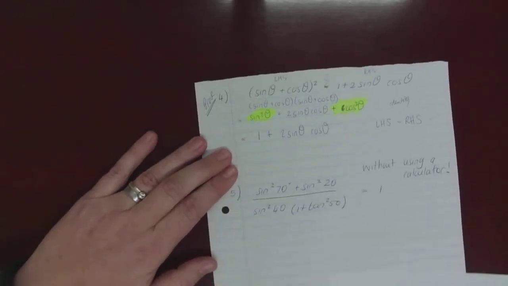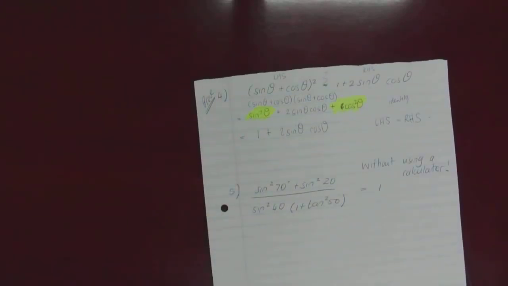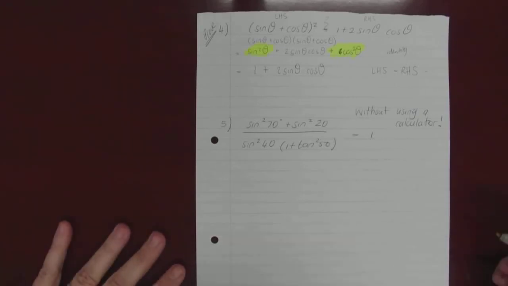Okay, last one for today. Without using a calculator, please, that will be clearly instructed to you. So now I have to think about reduction formulas, and I have to think about complementary angles or cofunctions.